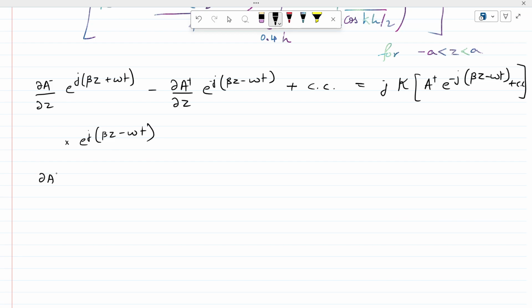I'll get del A minus upon del z e power 2j beta z, where minus omega t plus omega t gets cancelled, minus del A plus by del z e power plus j beta z minus omega t, minus j, these two terms get cancelled, plus complex conjugate, is equal to j kappa A plus, again this term and this term get cancelled, plus complex conjugate.